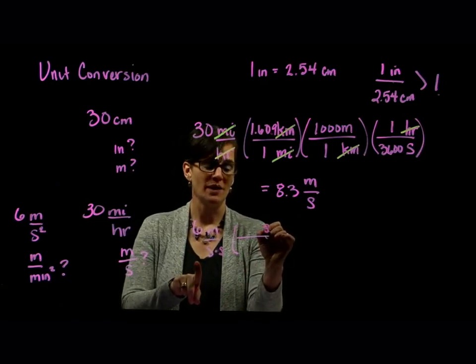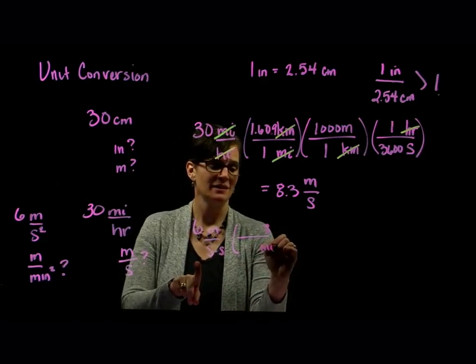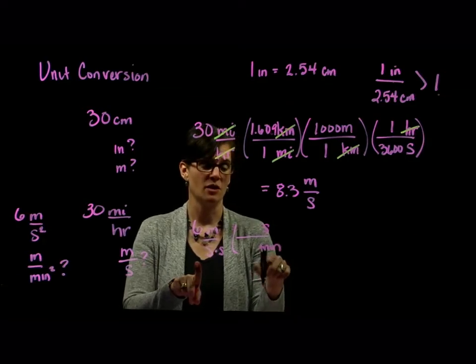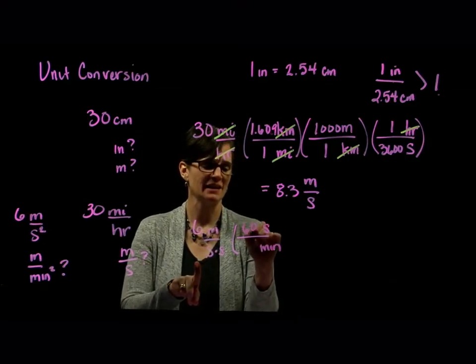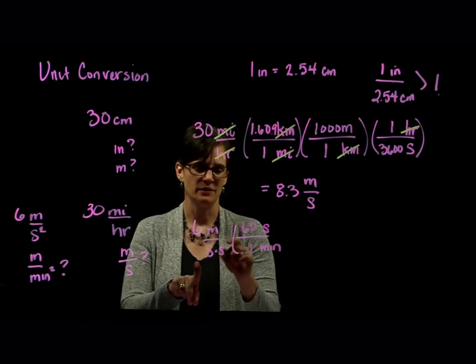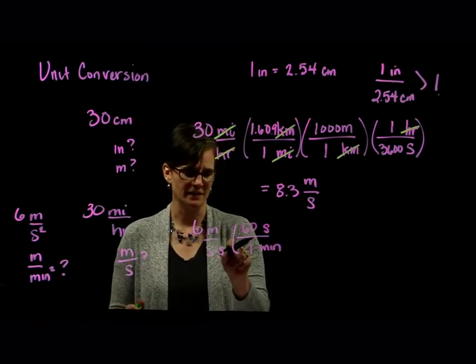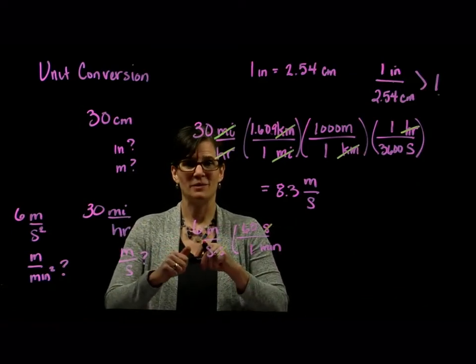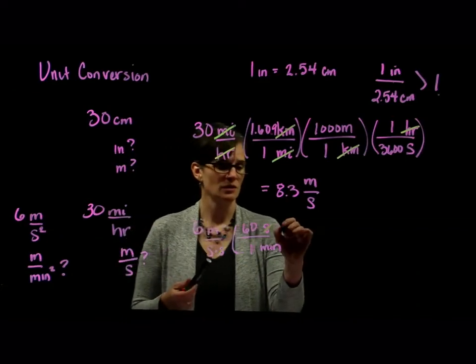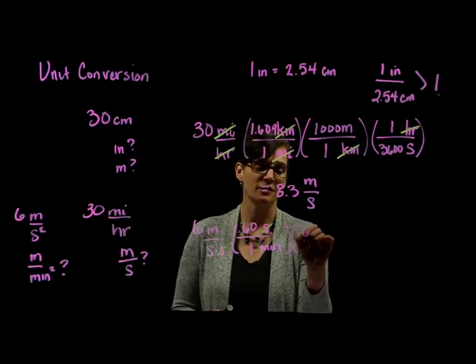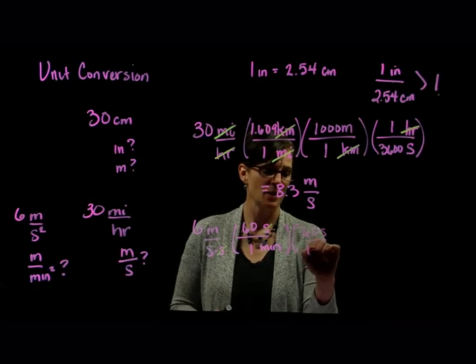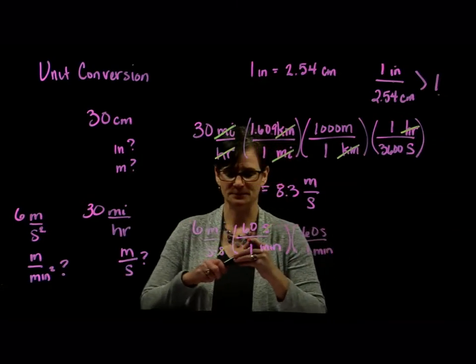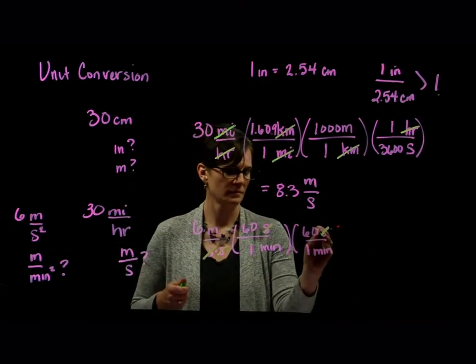I know 60 seconds on the top gives me 1 minute on the bottom, so 60 seconds in 1 minute. Well, that'll get rid of one of the seconds, but I'm still left with 1. So I need to do another 60 seconds on the top, 1 minute on the bottom.